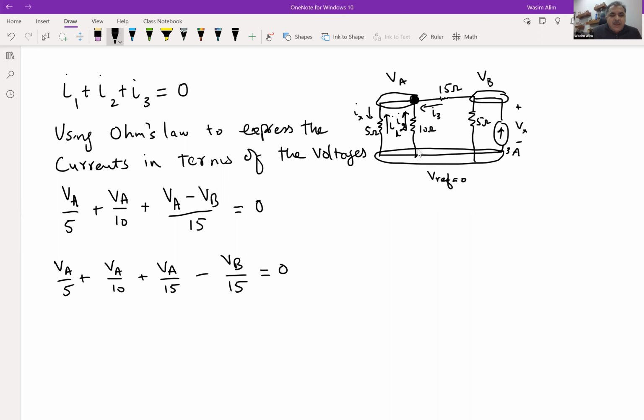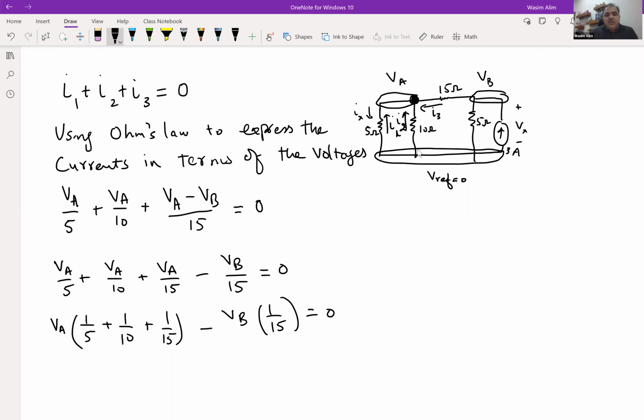Okay, so now over here, if I take the V sub A common from here, I have 1 over 5 plus 1 over 10 plus 1 over 15, that's one part of it, and then I have V sub B multiplied by 1 over 15 equal to 0.